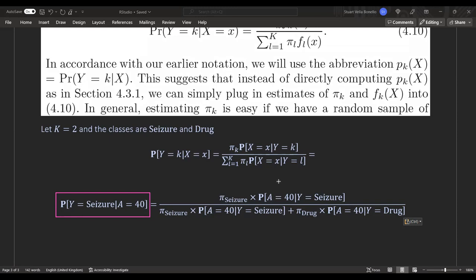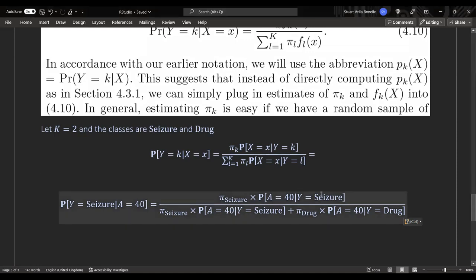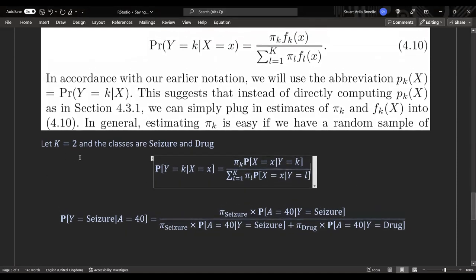Now exactly which direction we're going to take this, we have yet to see. In accordance with our earlier notation, we will use the abbreviation p_k of x for this. It's what we were doing for default, right? So going back to the book.